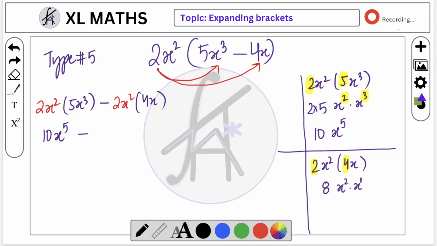So x is there. It's not like nothing is there. A single x is there. So x squared times x to the power 1 will give you x cubed. So here we get 8x cubed. Right? Hope that makes sense. And that's all to understand for expanding single brackets.